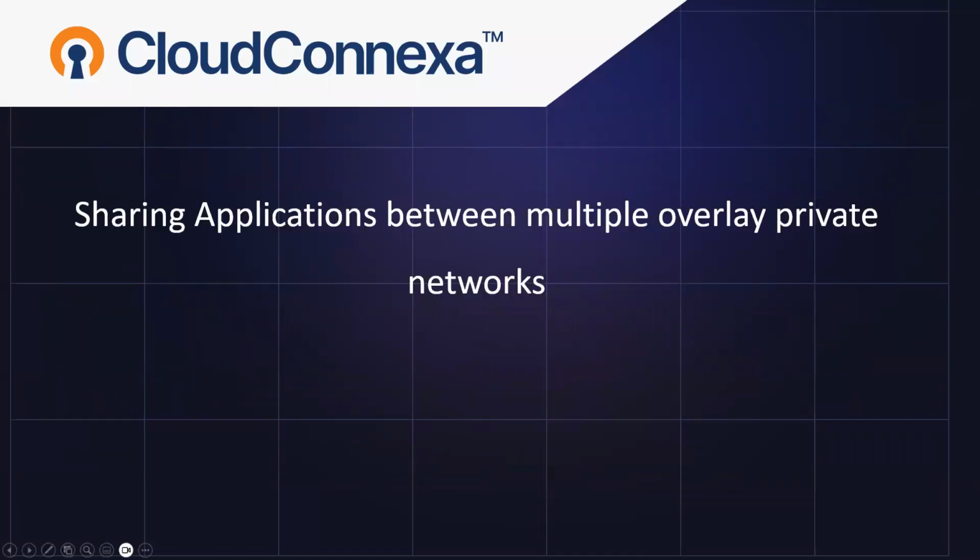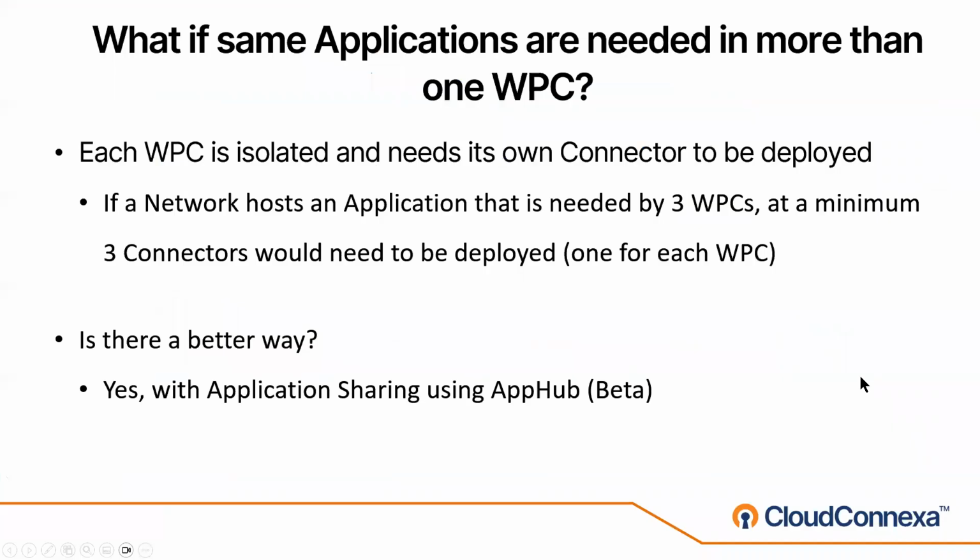All right, thank you. So now we saw that Sean has multiple overlay private networks. Now, the question is, do I need to have a connector deployed for each private network?